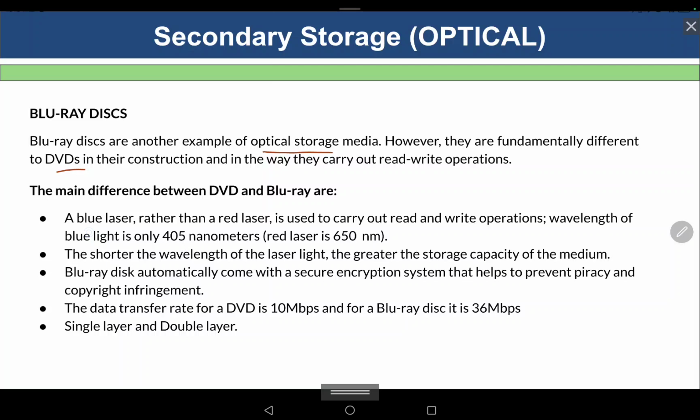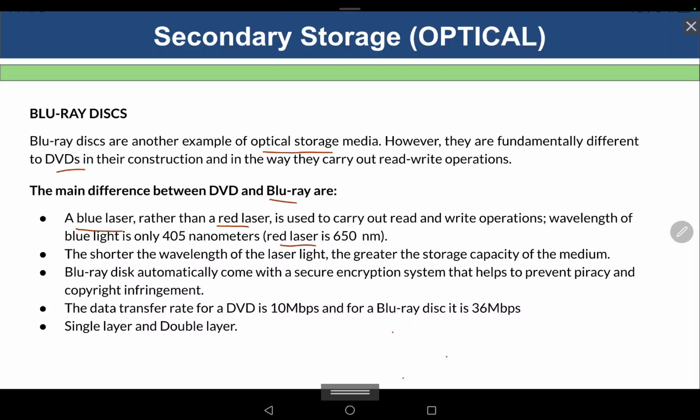A Blu-ray disc uses a blue laser to read and write data, whereas DVD uses a red laser. The wavelength of blue light is 405 nanometers, while the DVD red laser is 650 nanometers.